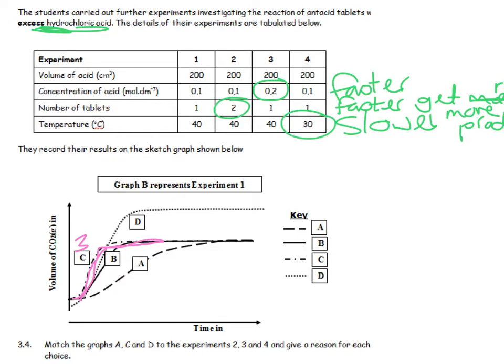Then you've got D, which goes faster and lands up with more product. So that must be number 2. And finally, A must be when it gets slower. So that is number 4, because that's slower than the original curve. We were told that graph B represents the first experiment. And you had to give reasons each time.